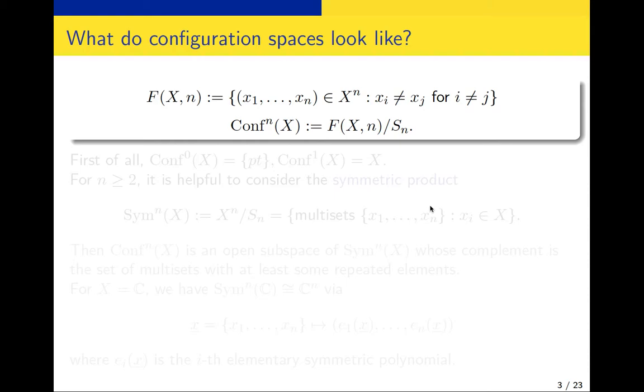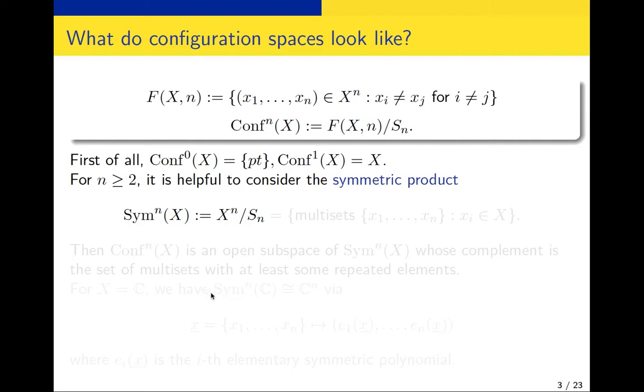And let's visualize a little bit about what the configuration spaces look like. Well, Conf_0 is just a point, and Conf_1 is the space itself. And when n is at least 2, the quotient here will make it harder to visualize, so it's helpful to consider a symmetric product. Here we define Sym^n(X) to be the Cartesian X^n quotient by the symmetric group also permuting coordinates.